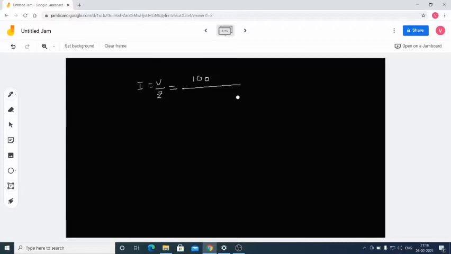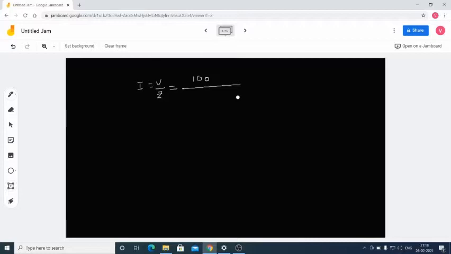So we get 1.042 plus j 0.999 amperes, whereas in polar coordinates it is equal to 1.443 at an angle of 43.8 degrees. It is measured in amps.